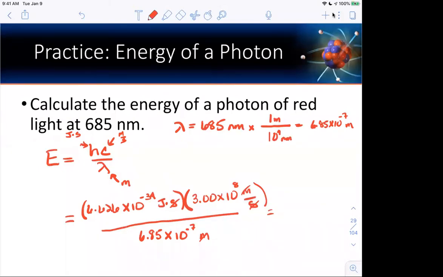Remember joules and calories, but we're in joules right now. So I take 6.626 EE minus 34 times 3 EE 8, enter, divided by 6.85, EE, minus 7, and what I get is 2.90 times 10 to the minus 19th joules. So this is the energy in 1 photon of the red light.